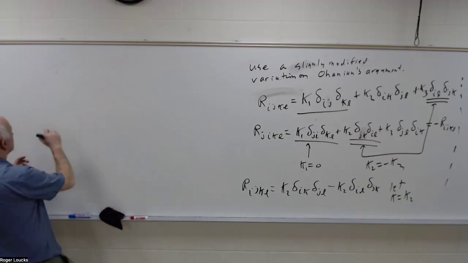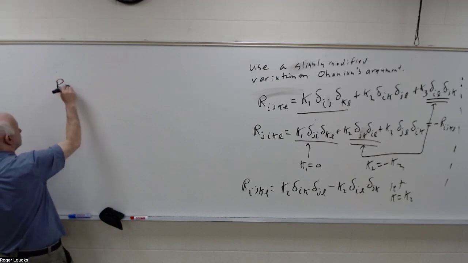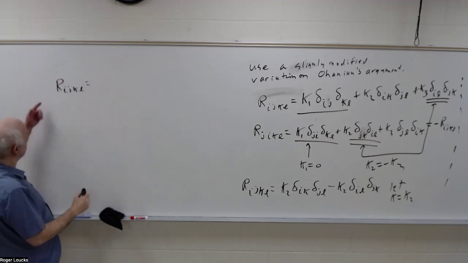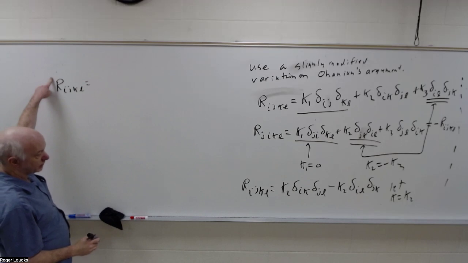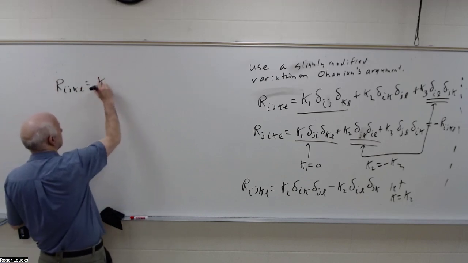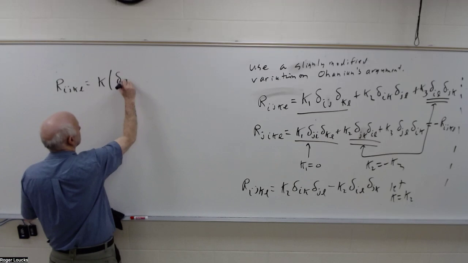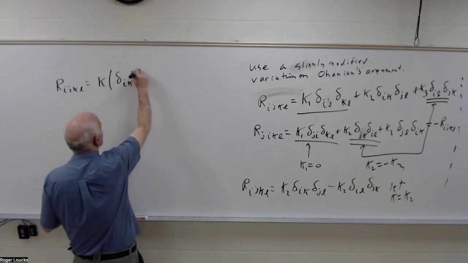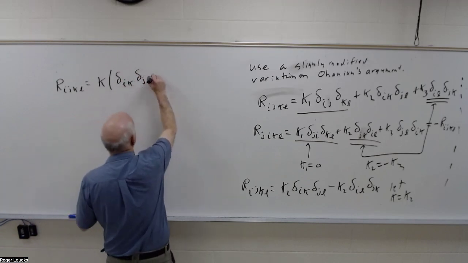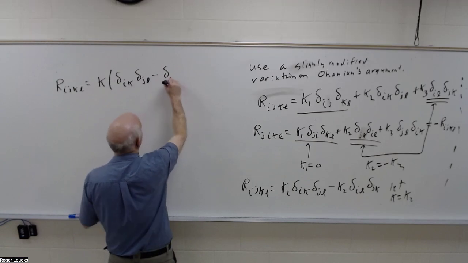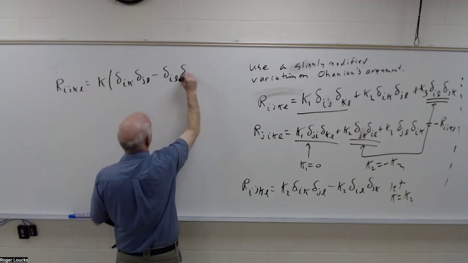What we have here is this RIJKL. I mean, this is that three-dimensional thing. I think I've already dropped the 3 because I'm tired, but we need K delta IK delta JL minus delta IL delta JK.